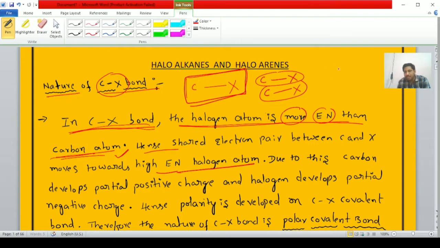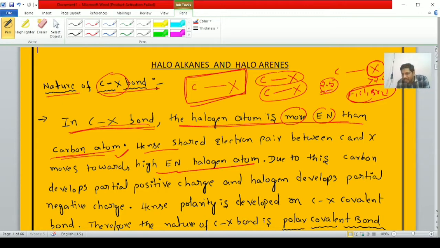For example, students, here the carbon electronegativity is 2.5, whereas the halogens, that is fluorine, chlorine, bromine and iodine, have electronegativity more than 2.5.